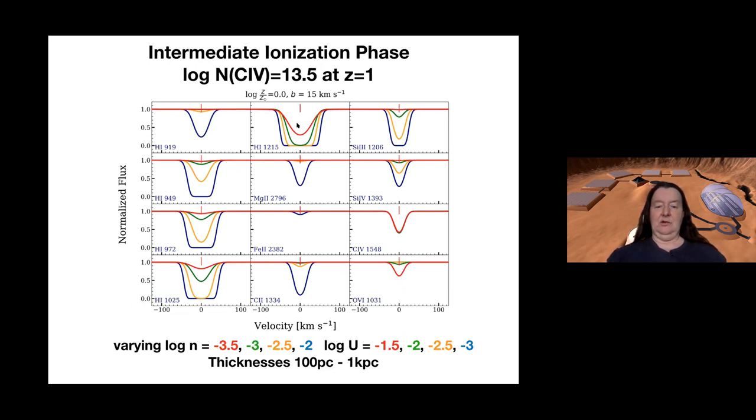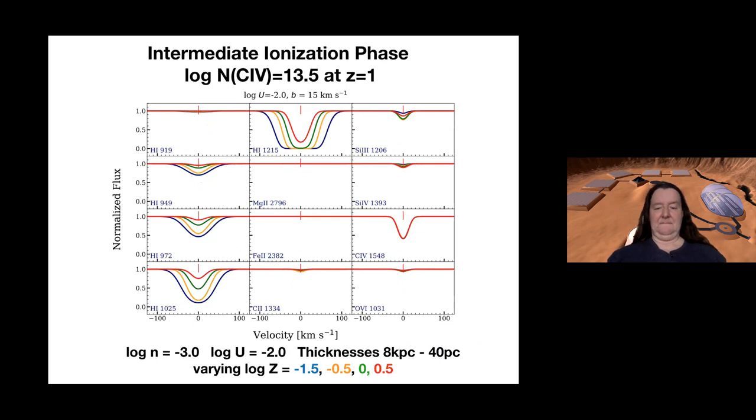Now we're going to look at a constant density and a changing metallicity. So the lower metallicity showing a lot of hydrogen Lyman alpha absorption. But you see how the shapes of these, even for the high metallicity case, the supersolar metallicity case, are different than they were for the narrower magnesium 2 low ionization phase.